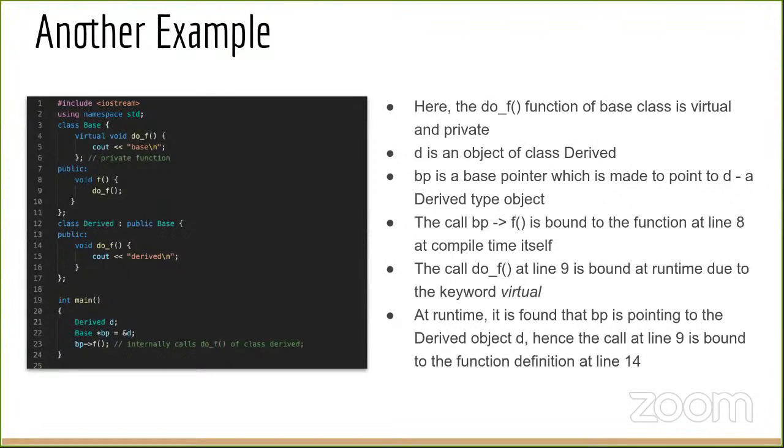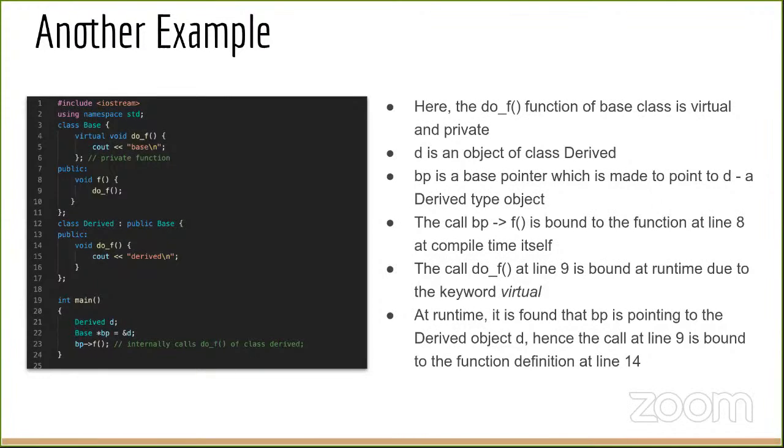Yeah, so here's another example. Here the code is slightly different. So we have again the base class and a derived class, and in the base class there's a private virtual function named do_f. Note that it's virtual but private, and we also have a public function which is not virtual, and its name is f.